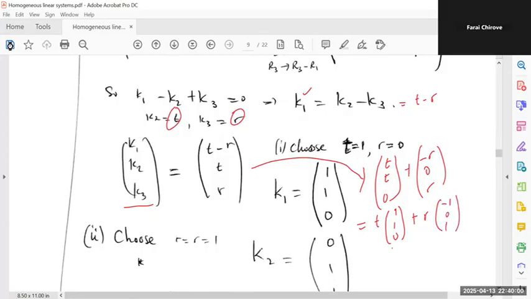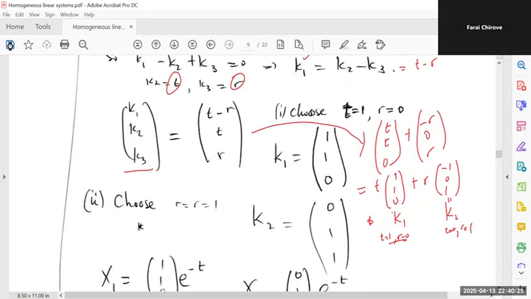So then you can say T, this will be equal to K1 and this will be equal to K2. But to get K1, you say T is equal to 1 and R is equal to 0. Then you get K1. To get K2, you say T is equal to 0 and R is equal to 1.